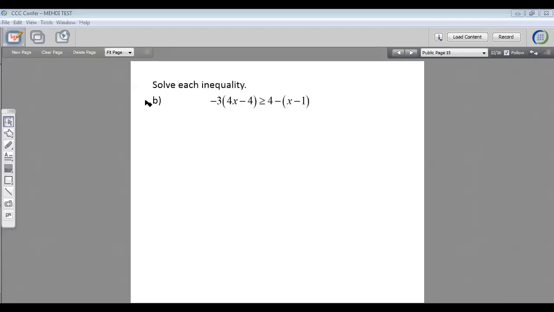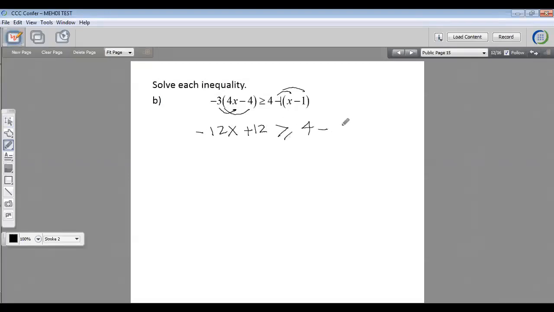Okay, here we're going to distribute first. This is like -1 here. We distribute. So you get minus 3 times 4x, minus 12x, plus, -3 times -4 would be 12, greater or equal to 4 minus x.